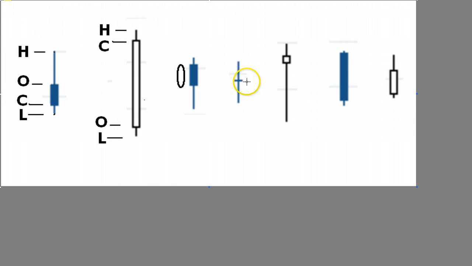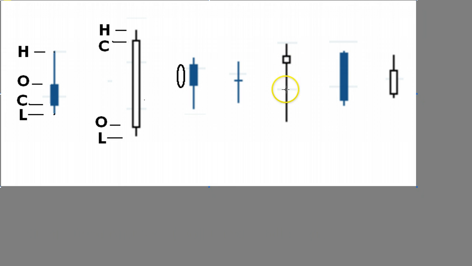This is a candle wherein the open and close price are pretty much the same, so you're going to see just a horizontal line, like in this candle. And here also you can see it opened here and then it closed here.